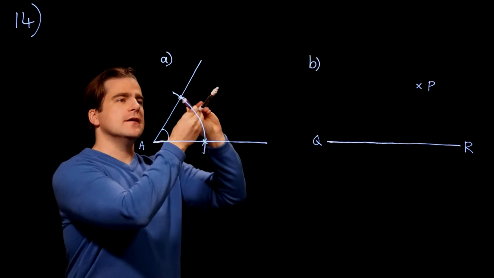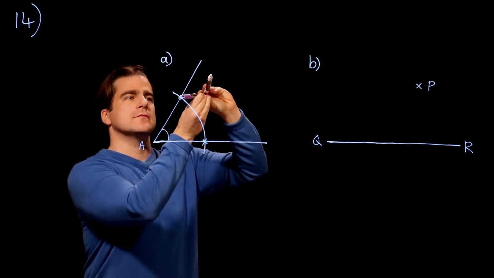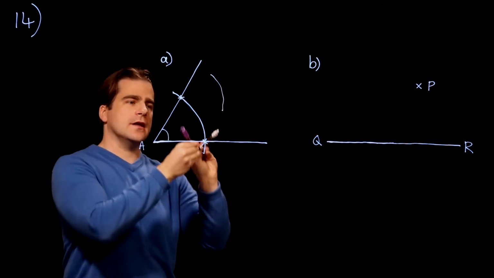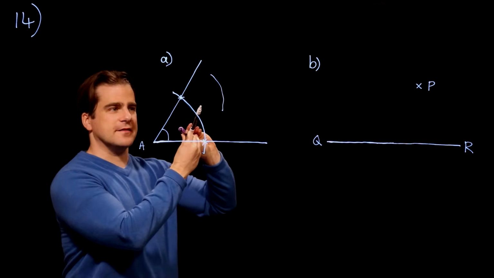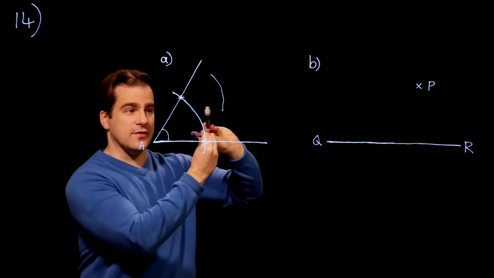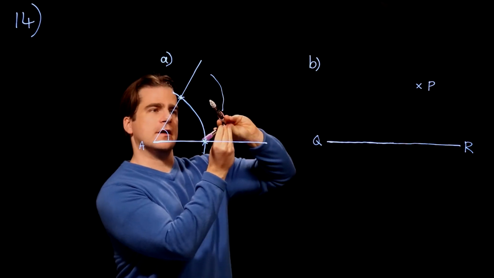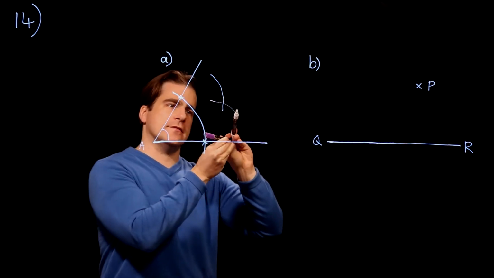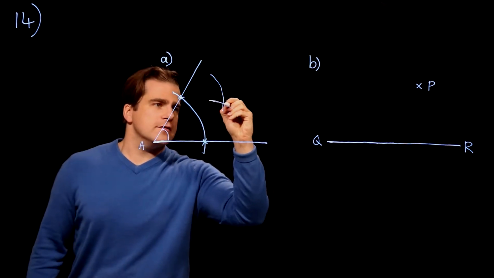That'll do. Stick it in there and draw an arc like that. Then keep it the same distance as it was for this one, and draw another arc like that. Okay, can you see those?